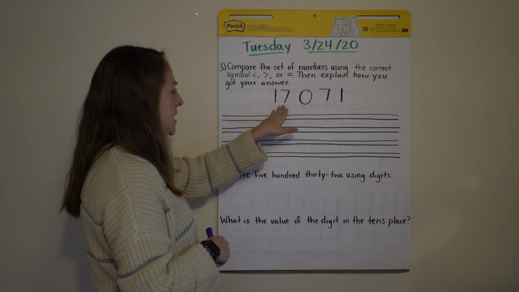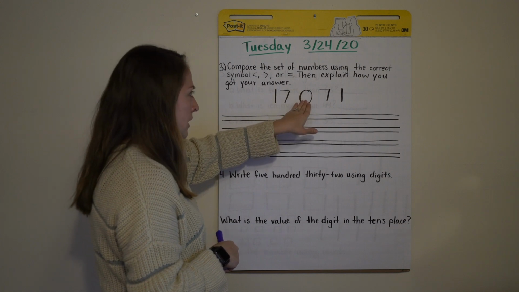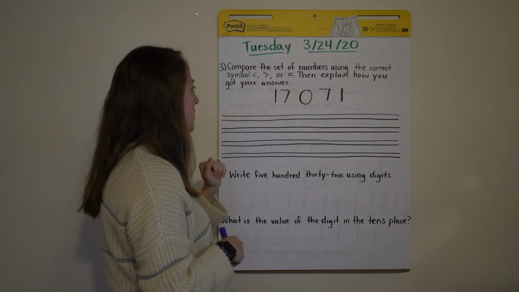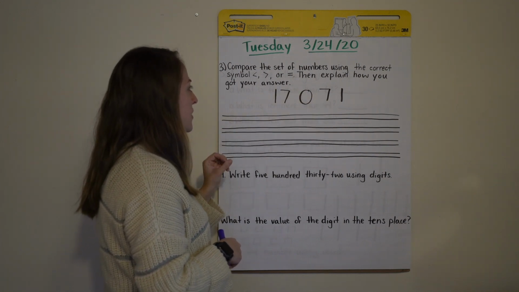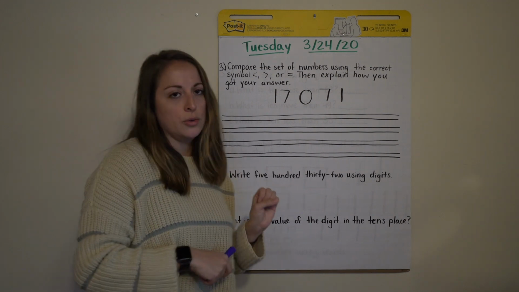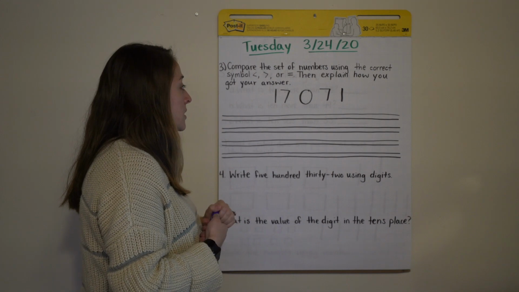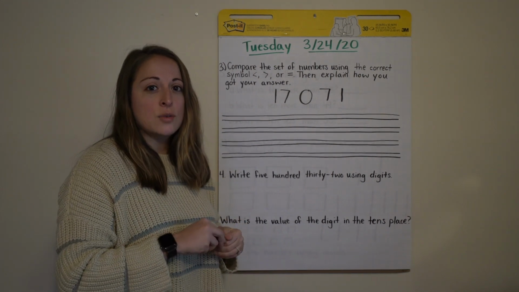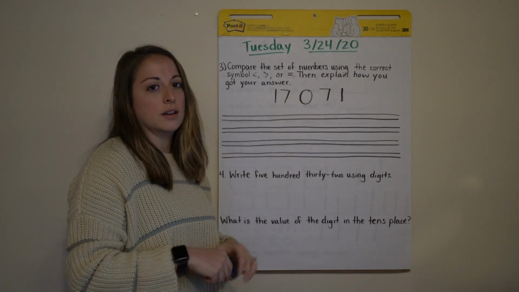Is 17 less than 71? Is 17 greater than 71? Or is 17 equal to 71? Take a few seconds to decide which symbol you're going to draw in the middle here.